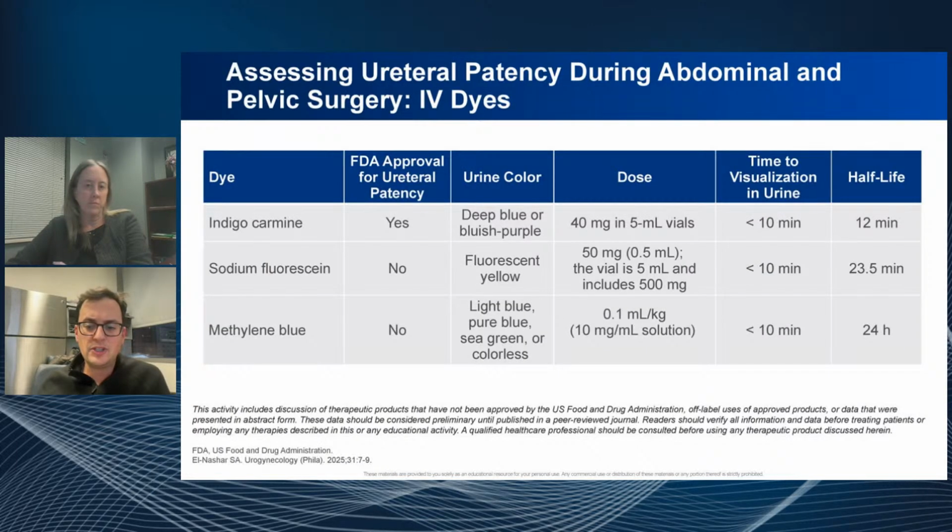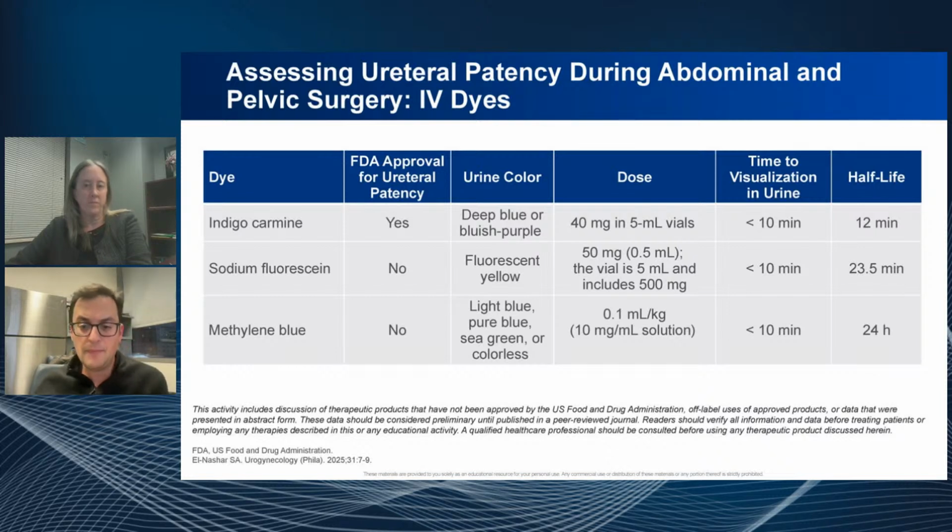We'll go over the agents, but indigotindisulfonate, or indigo carmine, is an IV agent. There's sodium fluorescein and methylene blue. I will mention FDA approval for the indigo carmine for this purpose of ureteral patency.